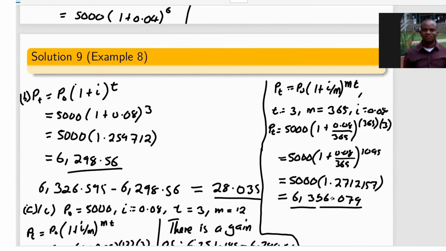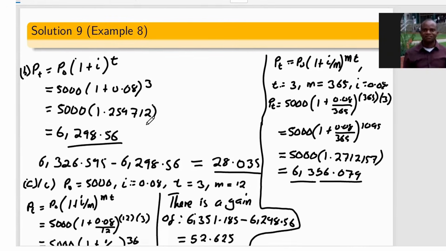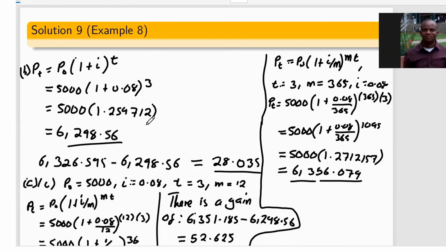Now, if you compare this answer to the return when interest is compounded annually, we see that there is a gain. So in other words, there is a gain. What is the gain?